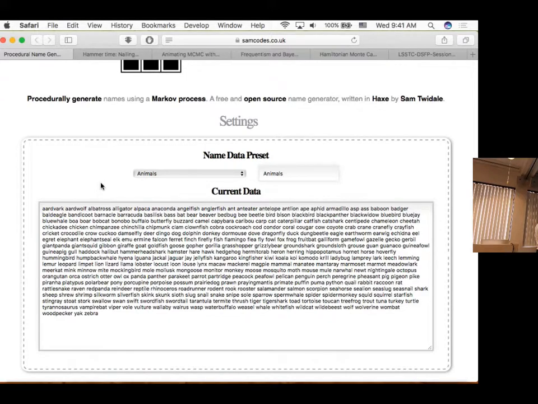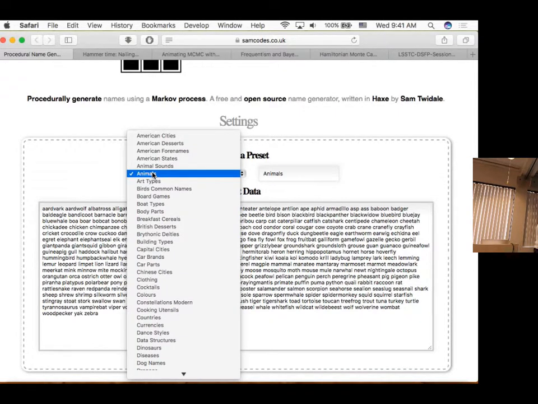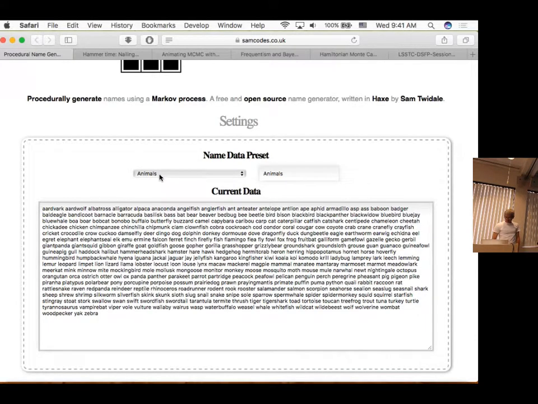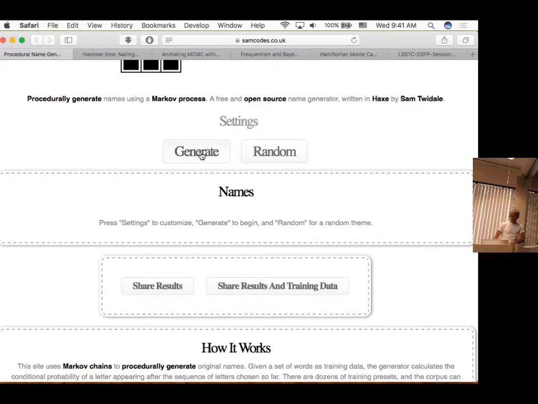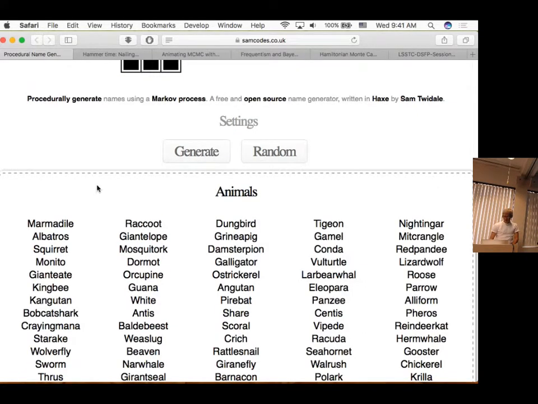Since they're all fancy linguists, they use Latin for everything. Here our corpus is just the names of animals, but you can pick any different things you want. So we feed it, and we measure the probability of each letter coming after its previous one from that data. Now let's generate some random animal names.